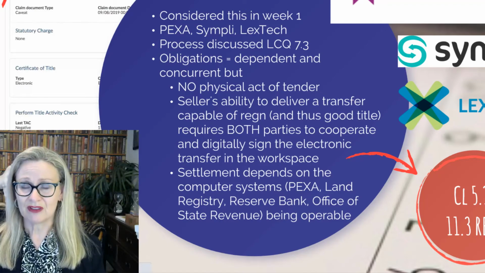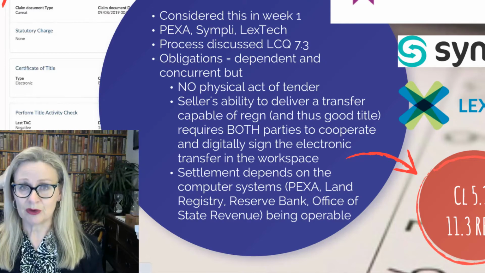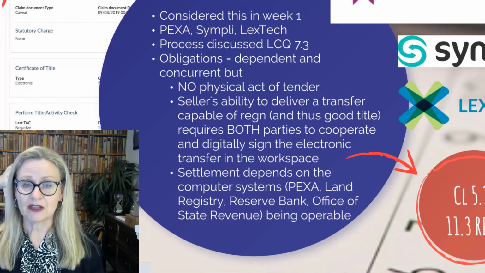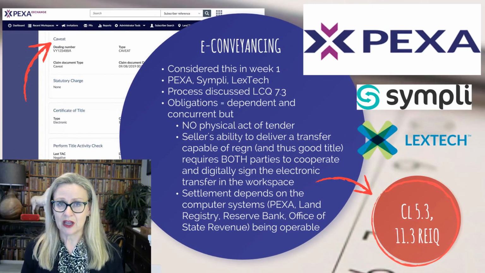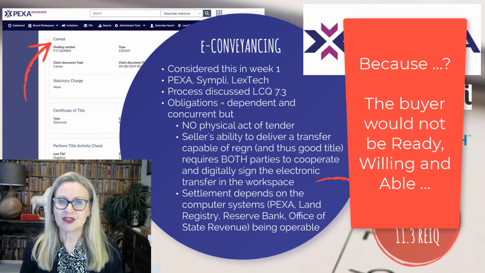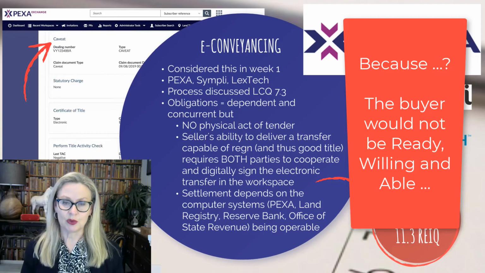And if they don't, they can hamper the seller's ability to fulfill their obligation to deliver up a transfer capable of registration. So they can actually get in the way of the seller being able to deliver good title. If that's the case, fairly clearly the buyer is going to be in breach. So they can't just fail to sign and therefore force the seller into breach there. The buyer in that kind of circumstance would themselves be in breach.